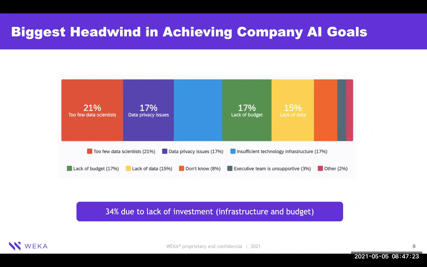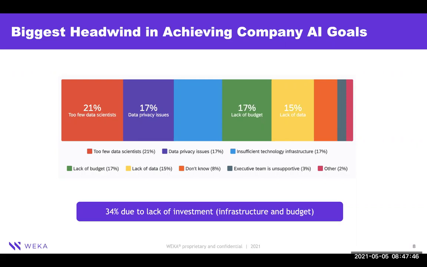Another important challenge the environments faced is data privacy issues, because depending on what market you're in, different privacy issues apply to you. For example, with medical information, there are different regulations in Europe and in the US. So how do you obfuscate the data?